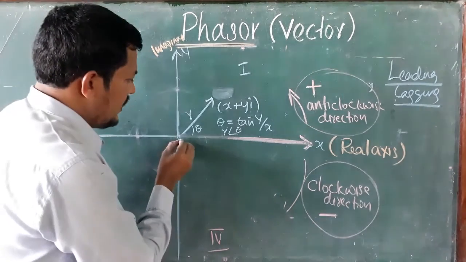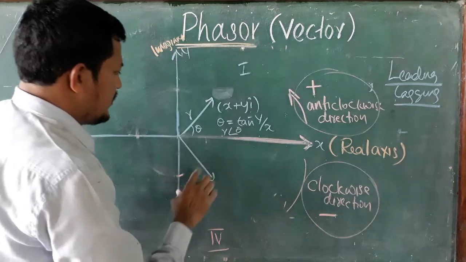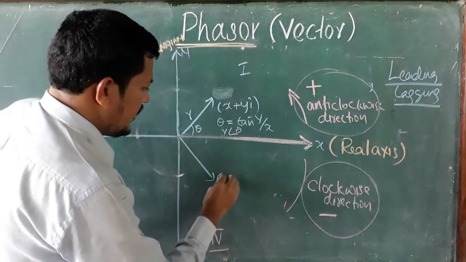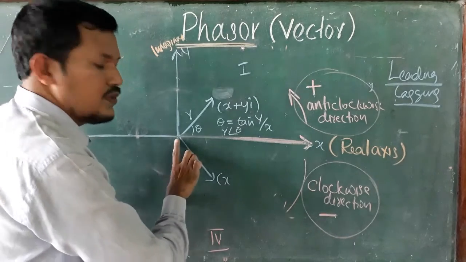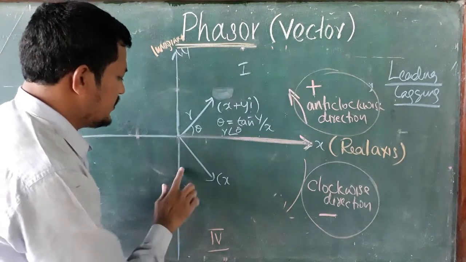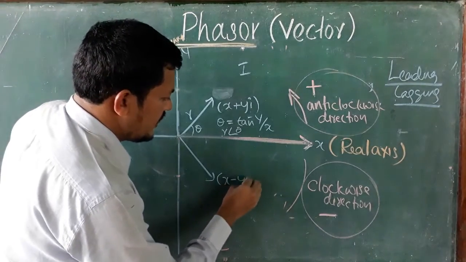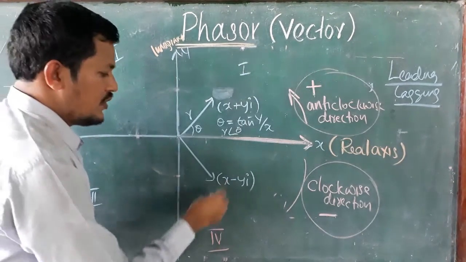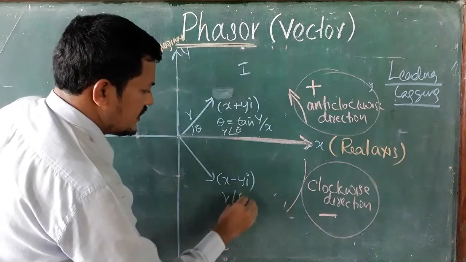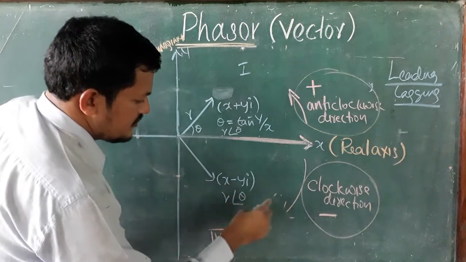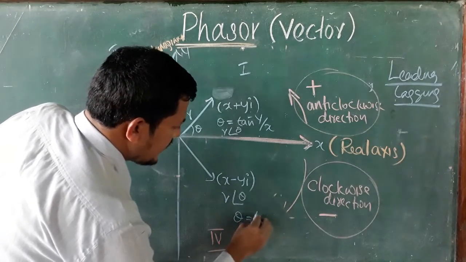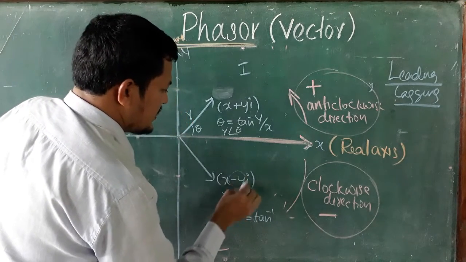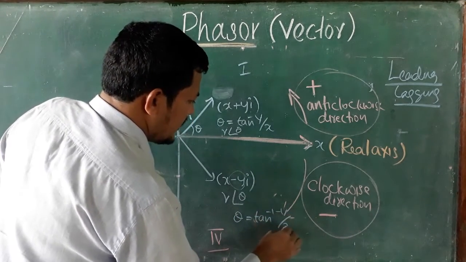Suppose some value where the x-axis is positive, but the imaginary part is negative. Now negative comes: x minus yi. Clear? Now how to convert to polar form, r at an angle theta? Theta equals tan inverse of the imaginary part, which is now minus, so minus y by x.